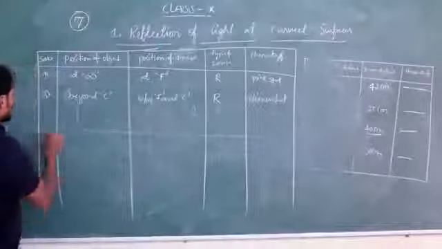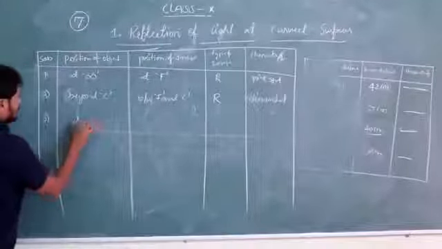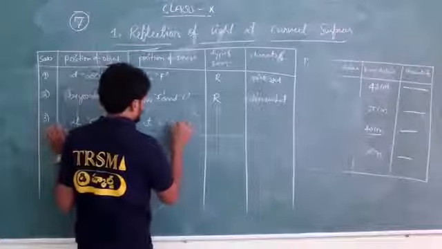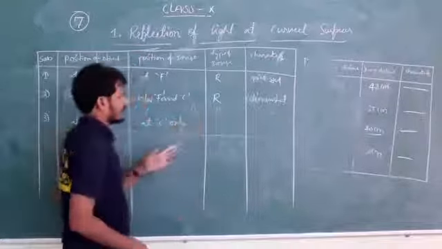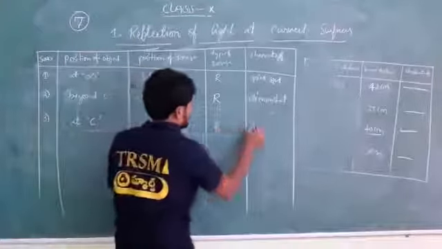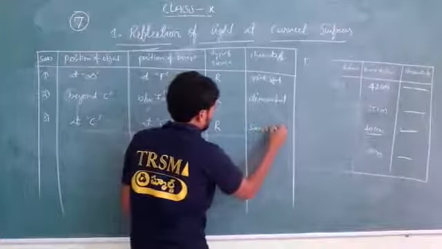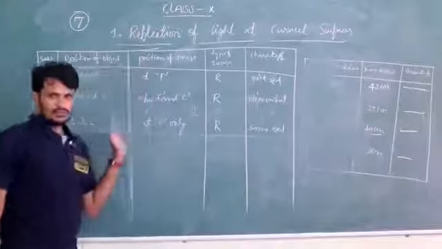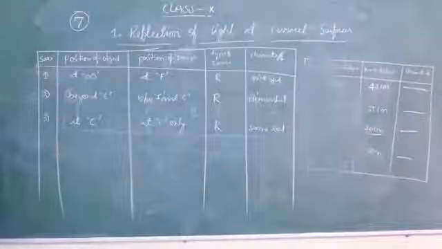Next, the third one is at C only. It's a real image, same size, which we learnt in the concave mirror positions.